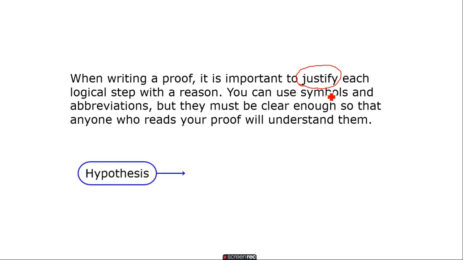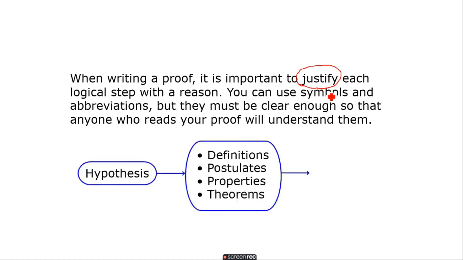Now, this begins with a hypothesis, and we have the use of the definitions, postulates, properties, or theorems, and we are going to arrive at a conclusion. In the conclusion part, this is actually the statement that we are going to prove. Later you will see that proving statement.